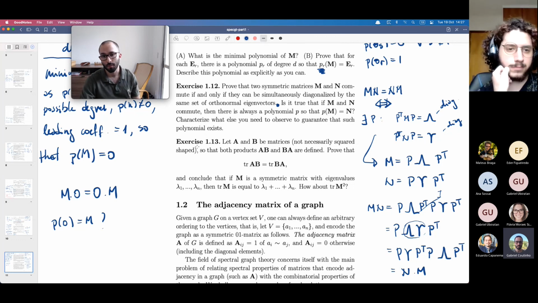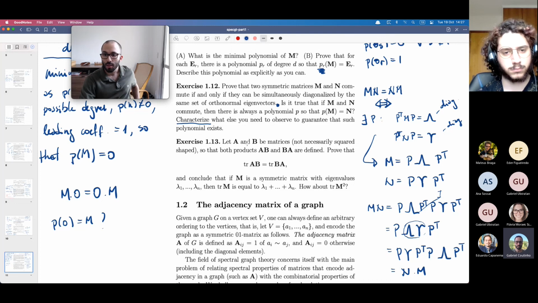So I want you to characterize what else you need to observe to guarantee that such a polynomial P exists. Clearly this is not true in general, as here you have two matrices that commute, and I cannot do this. So think a little bit about it.